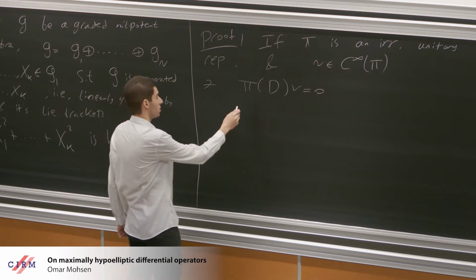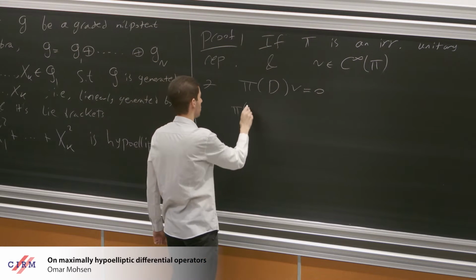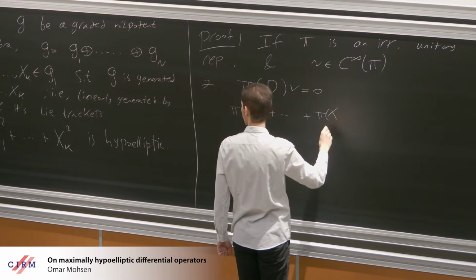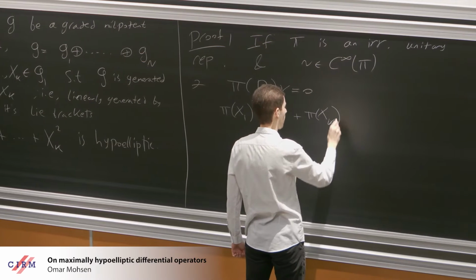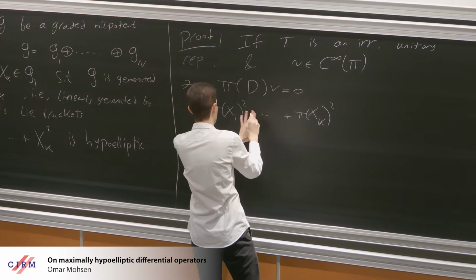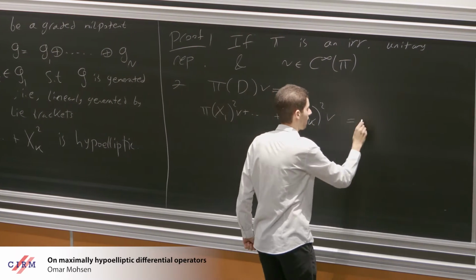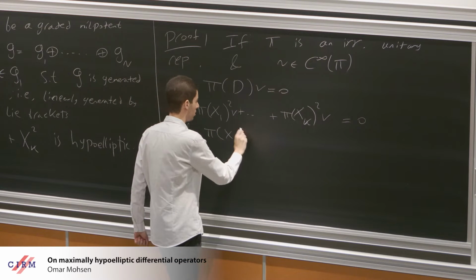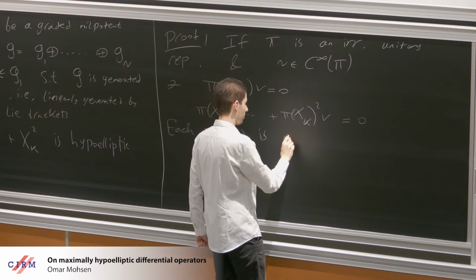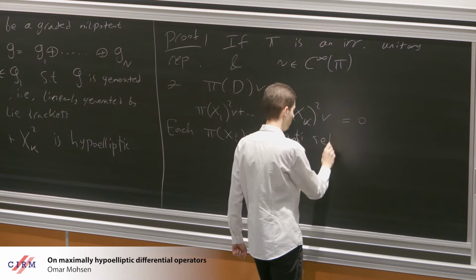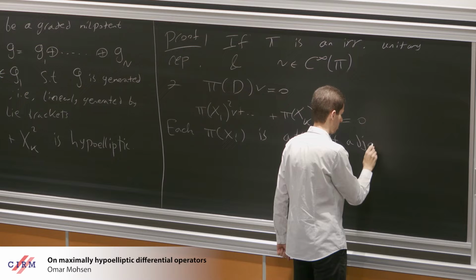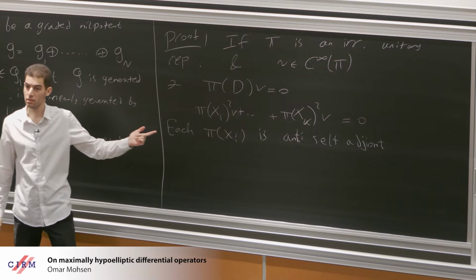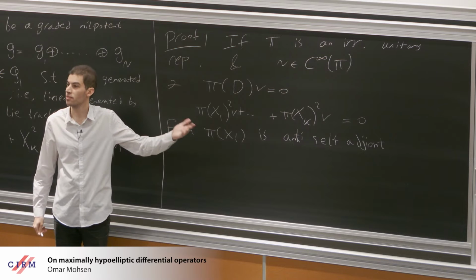This is very simple because this thing is a sum, so it's pi of x1 squared plus up to pi of xk squared. And each pi of xi is anti-self-adjoint. This is because the representation is unitary, and this is the differential of the representation.